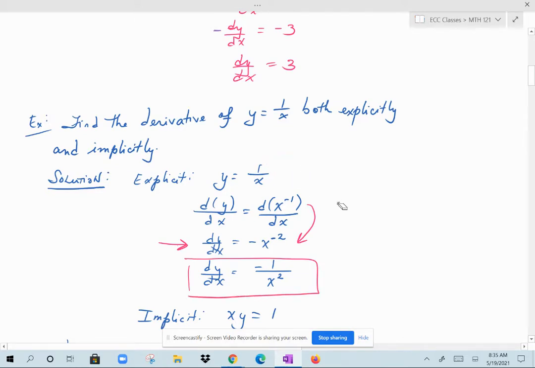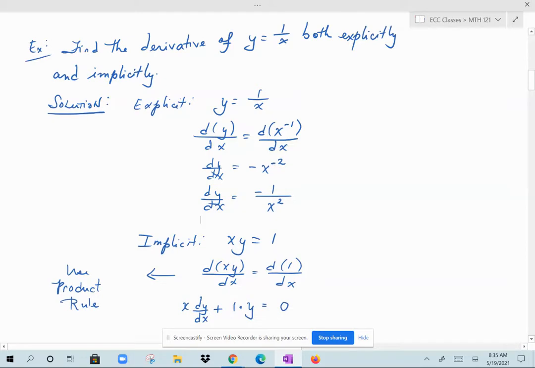And then just rewriting that in a different way, I get that dy/dx is equal to -1 over x squared. Okay, so now we will take the same derivative, but we're going to rewrite that equation implicitly, which means multiply both sides by x, so I get xy equals 1. So now my x and my y are on the same side.